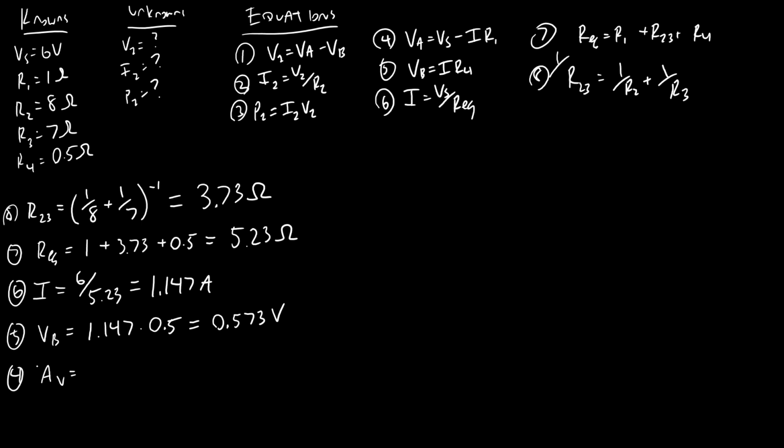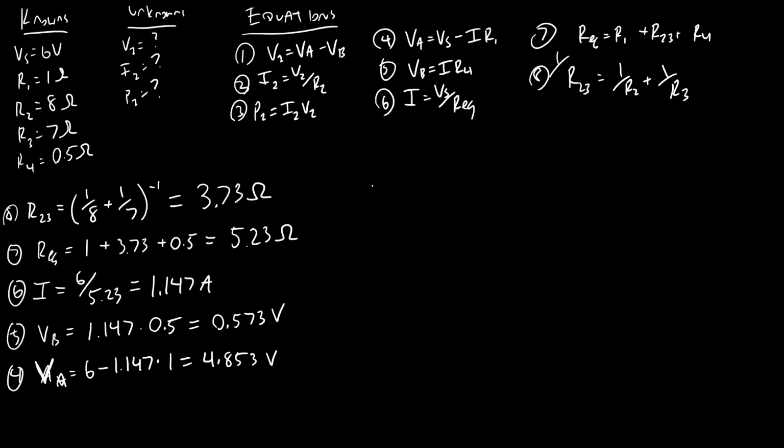We're going to get, whoops, VA is Vs, which is 6, minus I, which is 1.147, times R1, which is 1 ohm. So 6 minus 1.147, and that gives us 4.853 volts for VA.